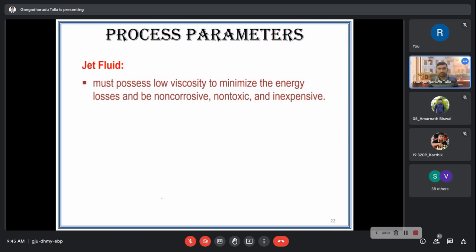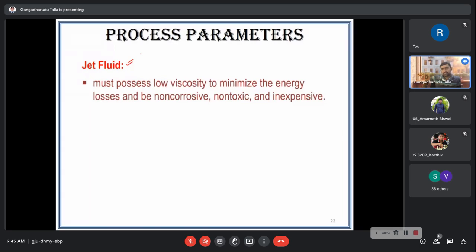Coming to jet fluid, it must possess low viscosity. What is the jet fluid? If you are talking about water jet machining, we are talking about water, though you can use other fluids also. It must have low viscosity to minimize energy losses. If viscosity is high, it will not come out from the nozzle quickly, so you will lose a lot of energy.